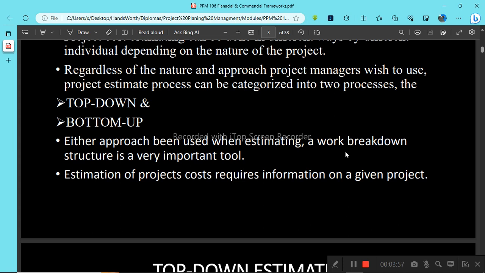Maybe you're trying to construct a house. So in this project of house construction, you'll be required to first come up with a list of all the activities that will be needed for you to construct this given house.